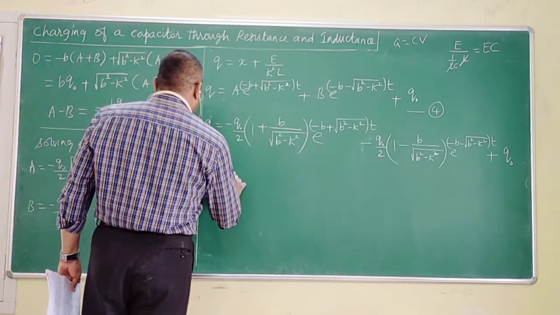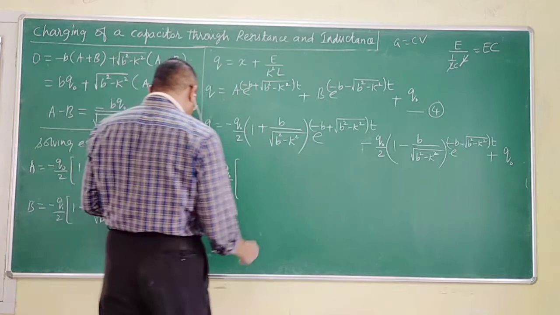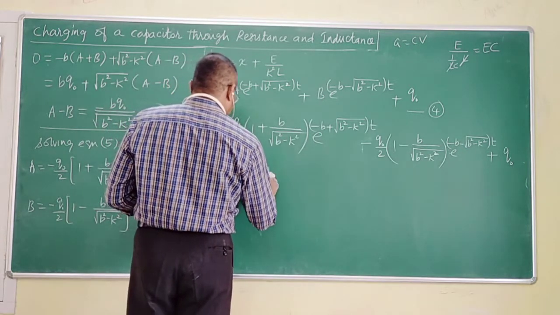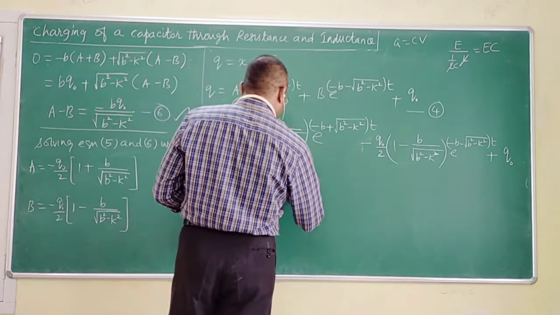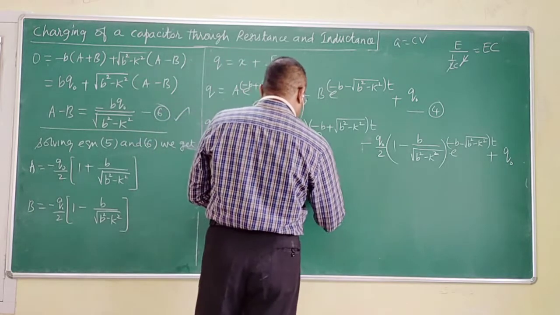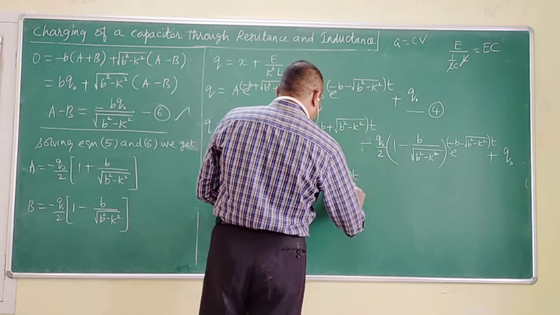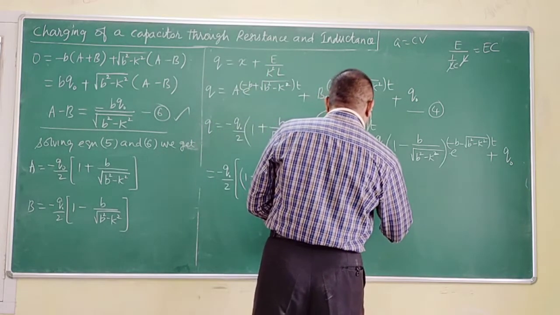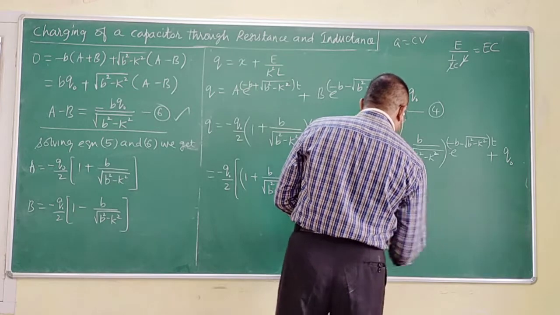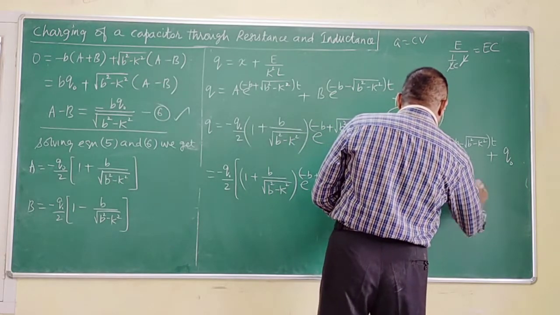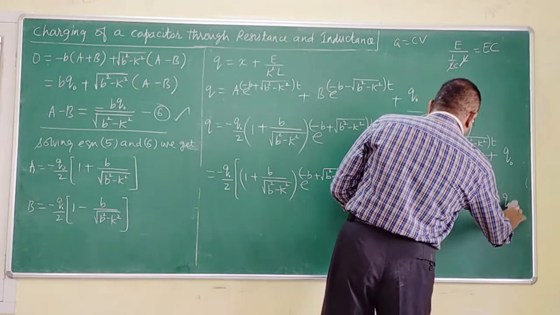As you can see, minus Q naught by 2 can be taken out. I have taken it out. Therefore, I end up with 1 plus B by under root of B squared minus K squared into e power minus B plus root of B squared minus K squared into T plus bracket open 1 minus B under root of B squared minus K squared into e power minus B minus under root of B squared minus K squared into T plus Q naught.